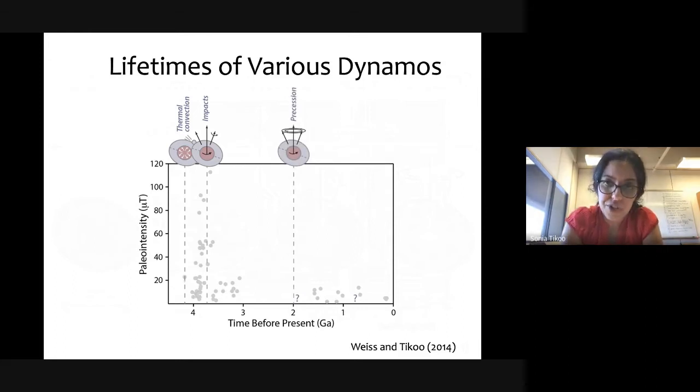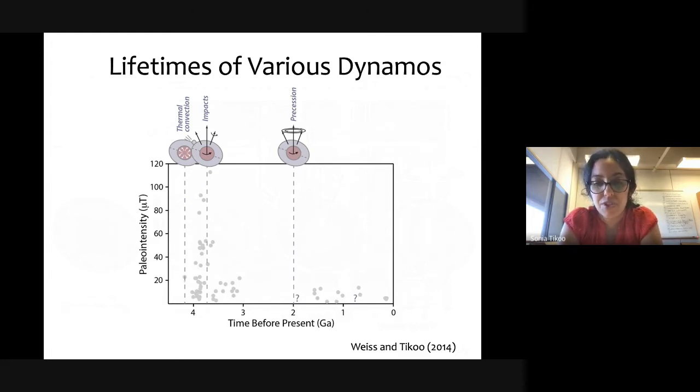We're not quite sure how long a precession dynamo could persist. The precession, particularly between the lunar mantle and the lunar core, is driven by the distance that the moon is away from the Earth. It's controlled by the Earth-moon gravitational influence.